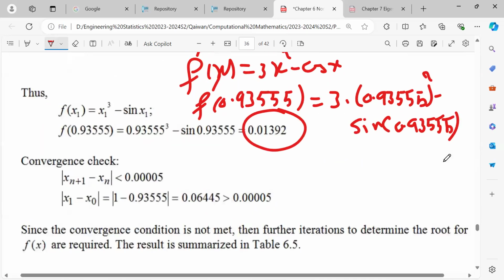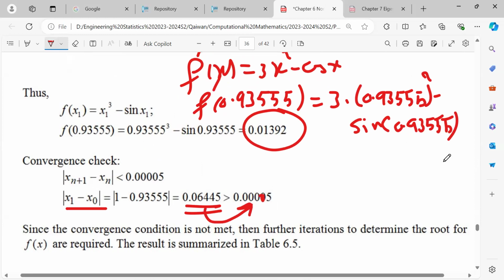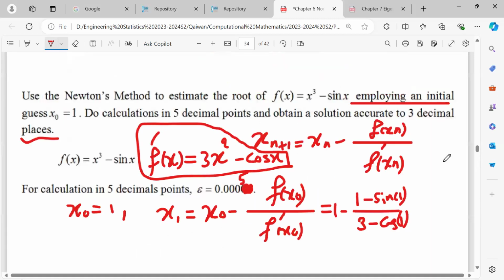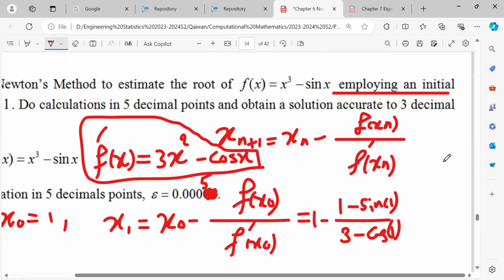Here, x0 minus x1 is this value. Okay, it's greater than the error. Yeah, it should be. Let me change the above one actually. This one, write down for 4 decimal points.